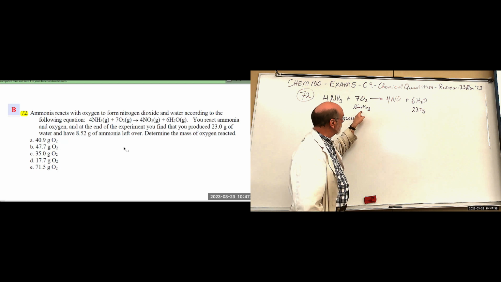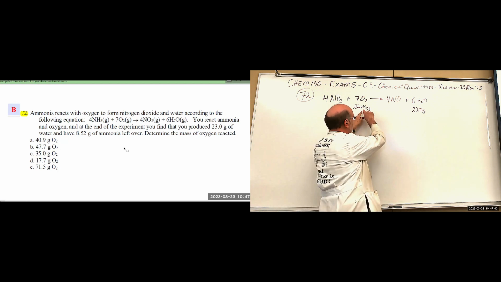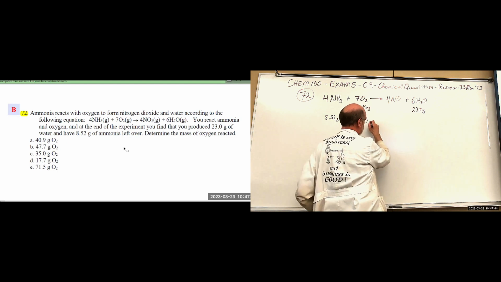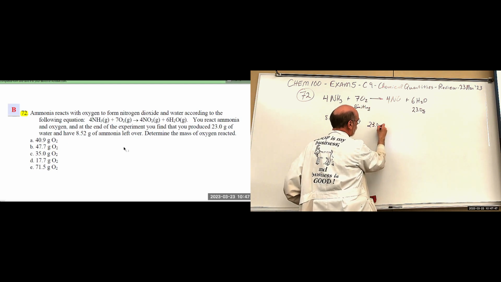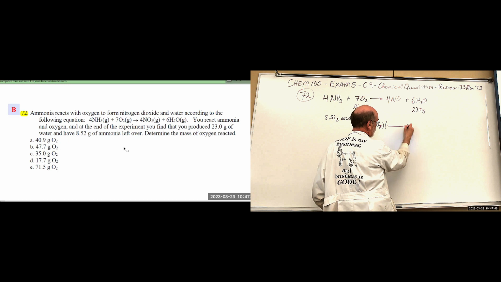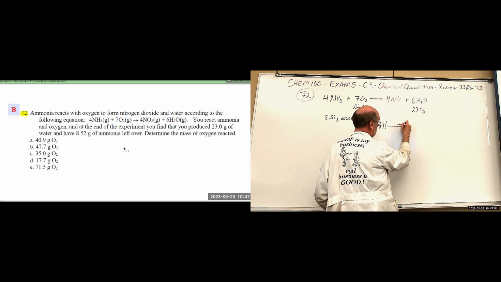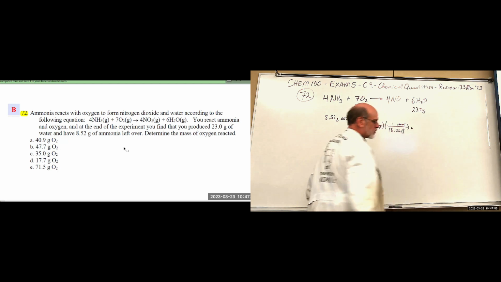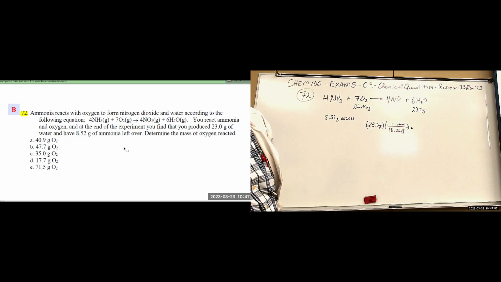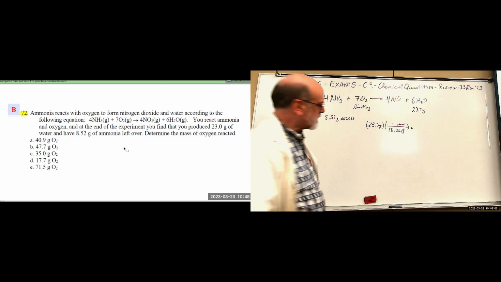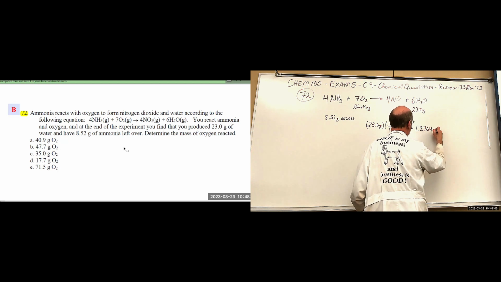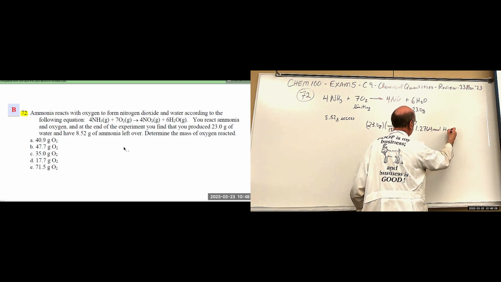Now that we know this is limiting, we can say, how much of that produces this? So 23 grams of water, we're going to convert to moles first, of course. That's 18.02 grams divided into 23. 1.2764 moles of water.